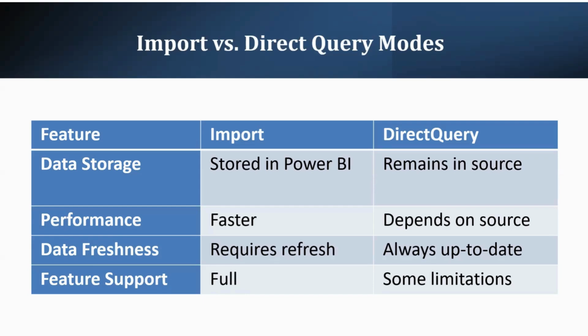For the import mode, the transformations and DAX and everything is supported fully in Power BI. But for direct query, it may be limited. There are some limitations. For example, if you are working with the API directly, you may not be able to do some transformations directly through that connection. So it may limit what you can do with the data source.